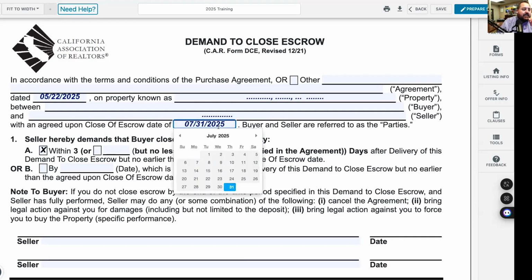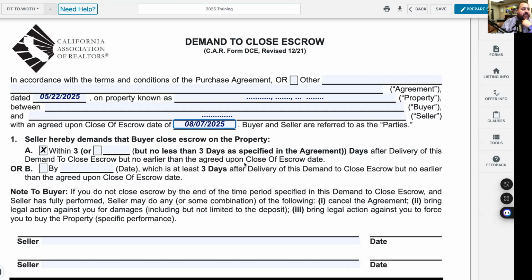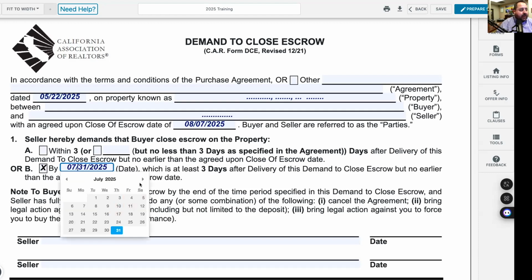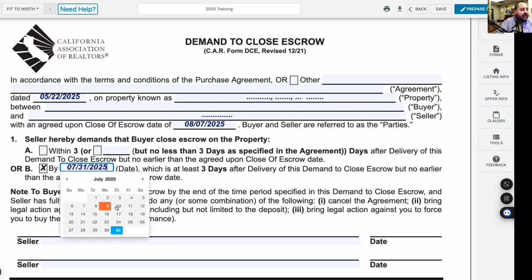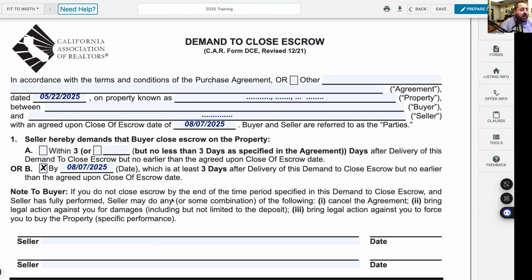Now let's say our close of escrow date is actually next Thursday, the 7th. Then I would check this box here, B, and put the date of August 7th. As long as I sent it on August 4th, I would have the right to do that.